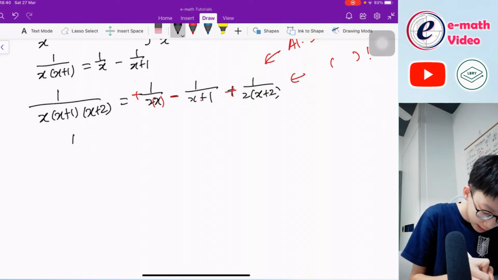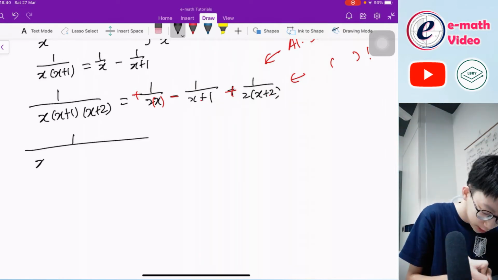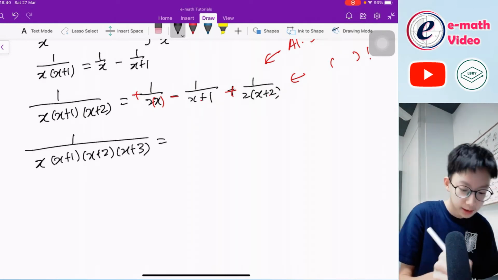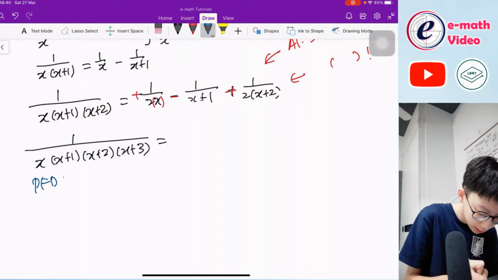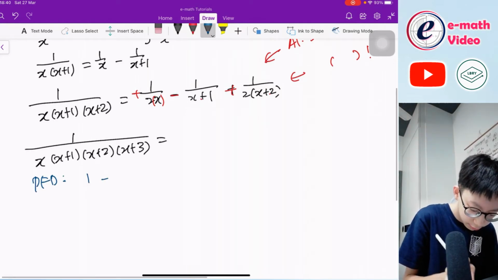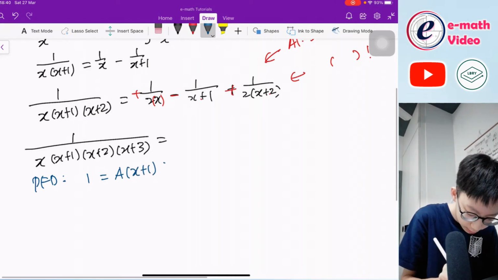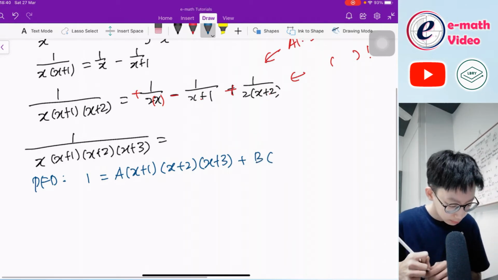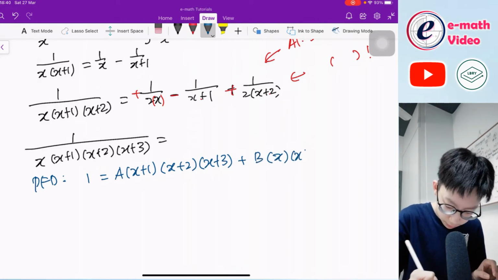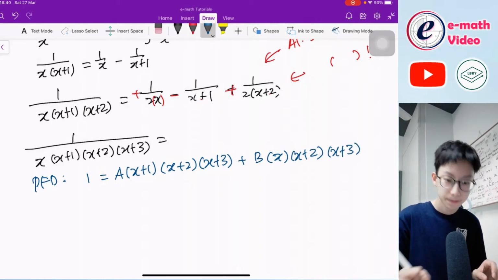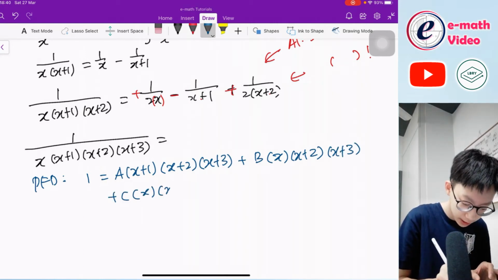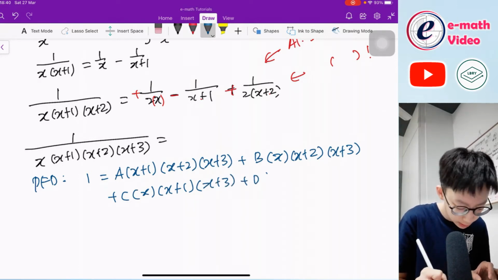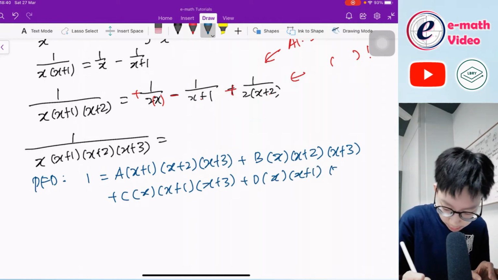Okay, the next one, when n equals 0, 1, 2, 3: x, x plus 1, x plus 2, x plus 3. Again, we do the PFD. So it will be 1 equals a times x plus 1, x plus 2, x plus 3, plus b times x plus 2, x plus 3, then plus c times x plus 1, x plus 3, plus d times x plus 1, x plus 2.